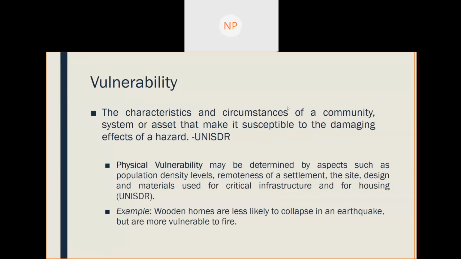Since we are going to start with the word vulnerability, let us discuss what vulnerability is. Let me give you an example. Suppose there are two of your friends, or including you, so there are two people.